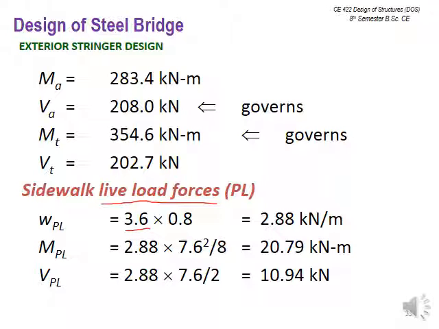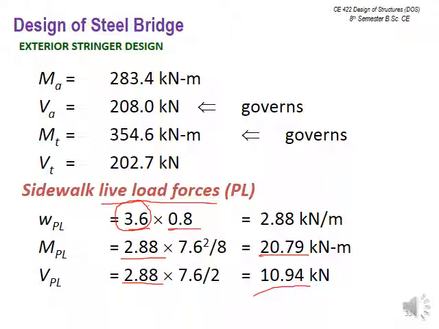In the very first or second slide in the theoretical part of our lecture on the design of a steel structure, I have instructed you, and it was also given in the slide, that if the sidewalk live load needs to be considered, it will be 3.6, only at 0.8 distance. So the moment and the shear you can calculate correspondingly, keep this with you.